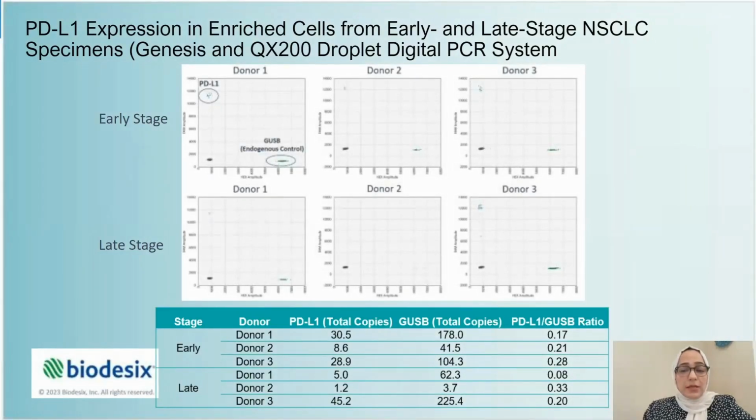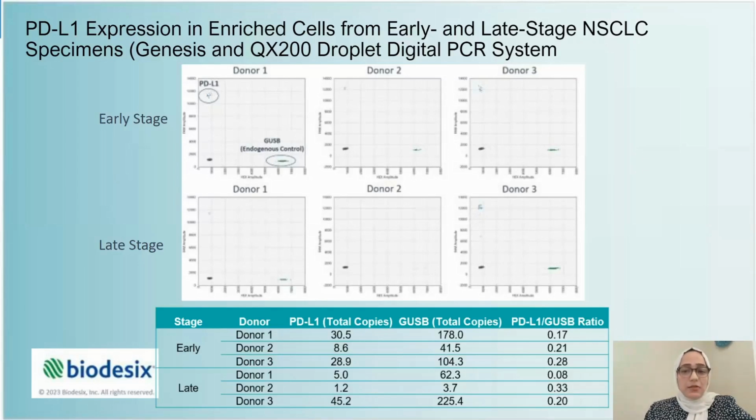Our collaborators at Biodesix used the Genesis system to isolate CTCs from 6 non-small cell lung cancer patients. This was a combined study of both CTC as well as ctDNA workflow, as cells were isolated from a Streck tube, and the sample was collected for ctDNA analysis.